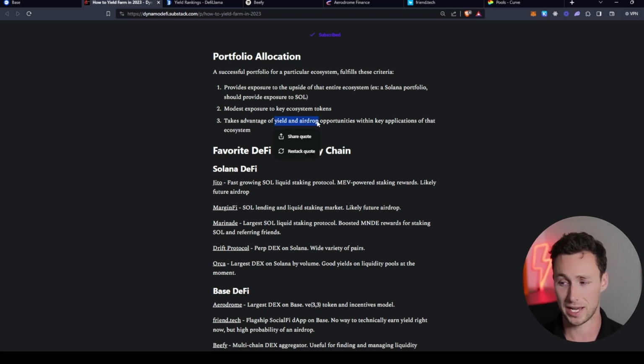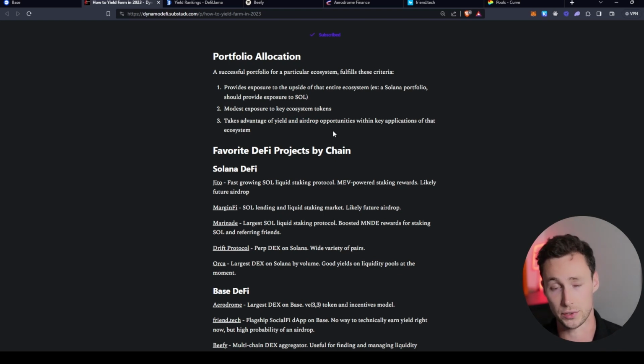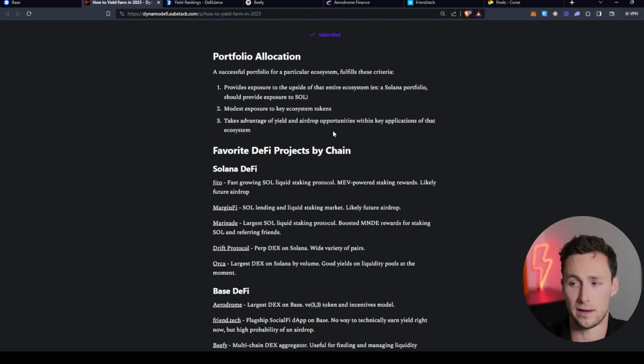And I say yield and airdrop because these things are often interlinked. And I know airdrops have kind of fallen out of favor, but for example, one of the applications we're going to talk about today, friendtech, has a point system that you accrue by depositing ETH into the app and using the app. And to me, that's really a hybrid between yield farming and airdrops, because yes, you're not earning yield right away, but you're accruing points, which are presumably for a future airdrop.